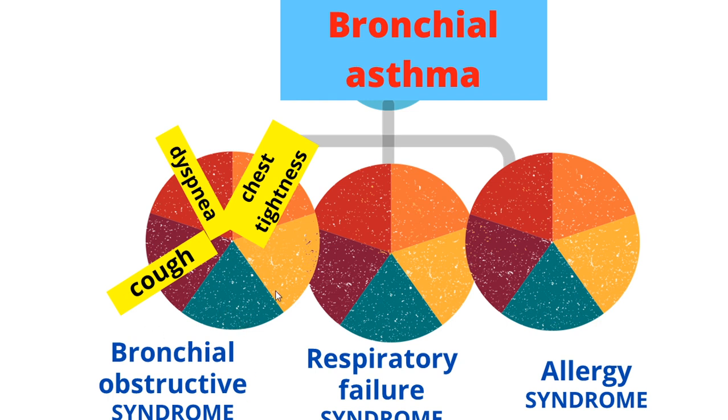For example, bronchial obstructive syndrome may be part of COPD with other syndromes, or part of heart failure, congestive heart failure, or may develop because of compression by enlarged chest lymph nodes, and so on. That's why bronchial asthma, a disease, may consist of different syndromes, and each syndrome contains a set of symptoms.